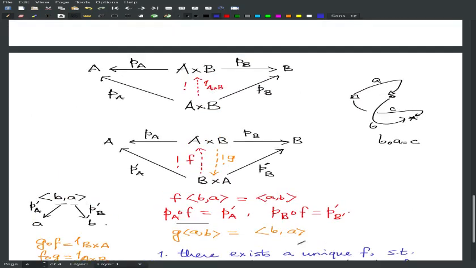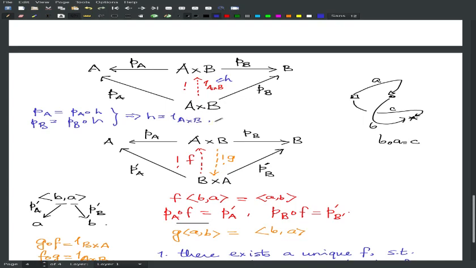Now observe, that's why I did this. The unique function such that PA is equal to PA composed H, if I call this H, and PB is equal to PB composed H, you have told me this means that H is the identity.